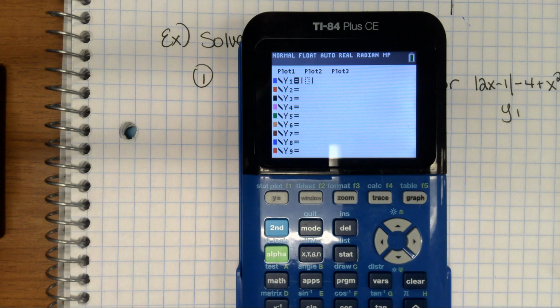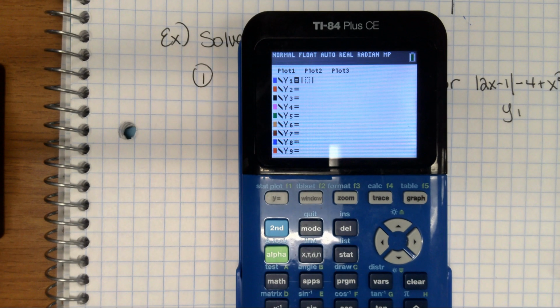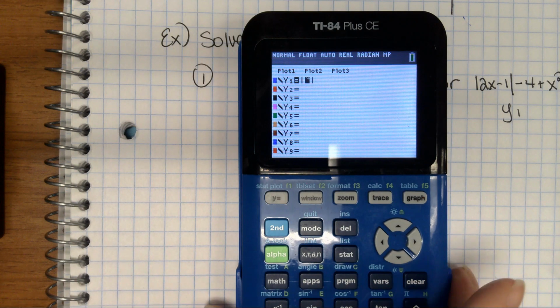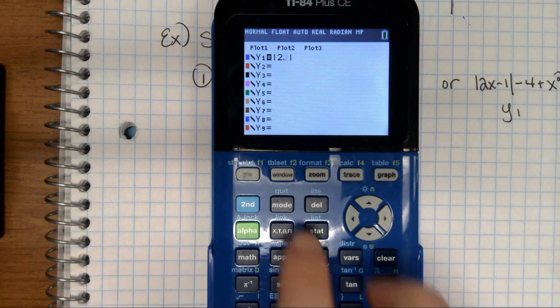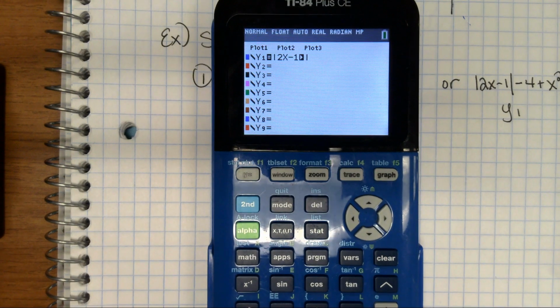Now, if you have a fancy calculator like me, it's going to put the bars in. Who does not have a fancy calculator? If you don't have a fancy calculator, it's just going to say ABS. It's fine. It does it. Okay? All right. We're going to put inside the bracket 2x minus 1. Remember where your x is.